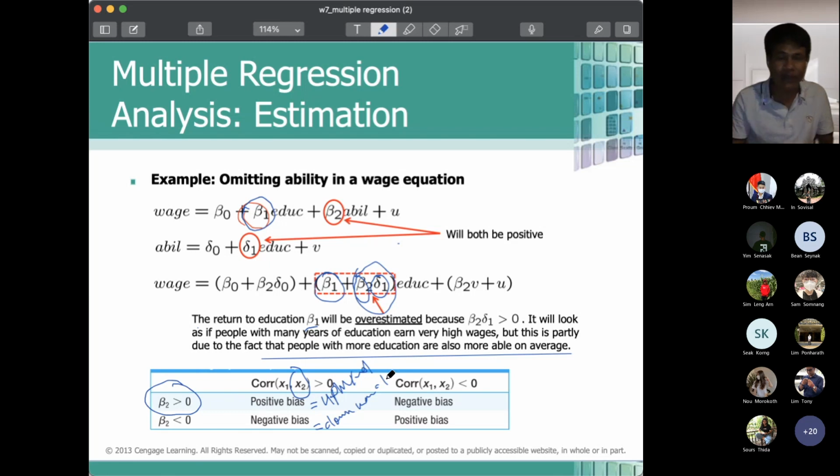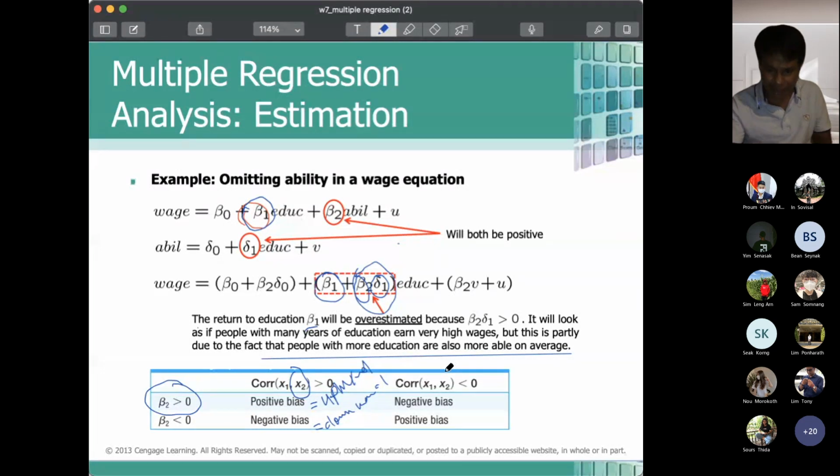For example, in our example here, we expect that ability and education are positively correlated. We also expect that ability positively affects wage. Because ability positively affects both education and wage, we can say that the estimate when you omit ability produces upward bias, or positive bias, meaning that the estimate is larger than the true parameter.